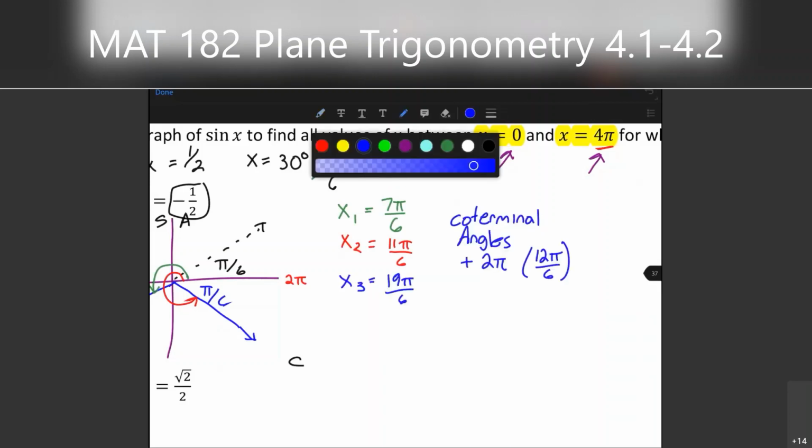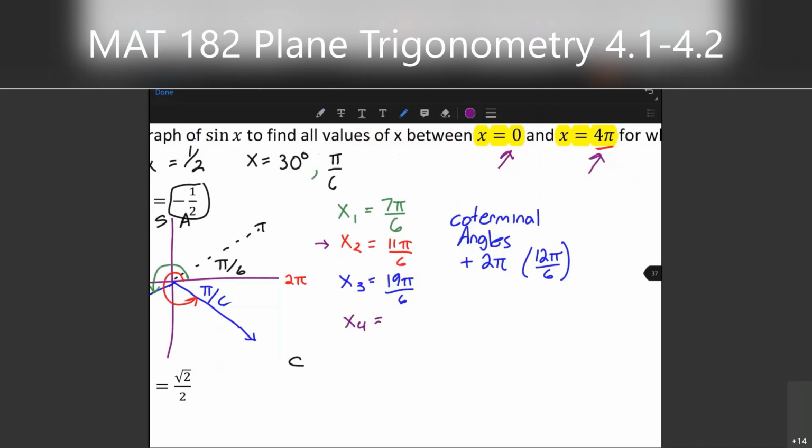And then let's do one more solution. So x4, if I add now to x2, and I want to add that same 12 pi over 6, I think we'll get 23 pi over 6 just by adding those two fractions, 12 pi over 6 and 11 pi over 6.